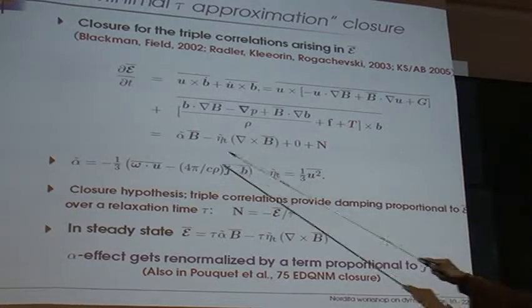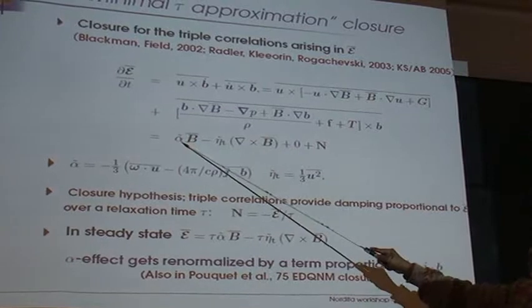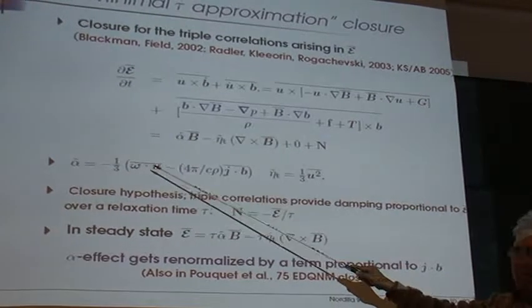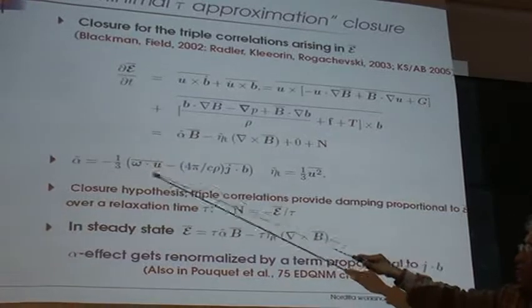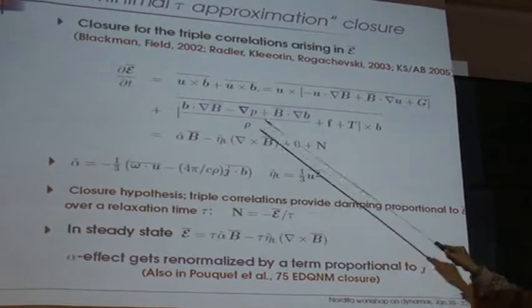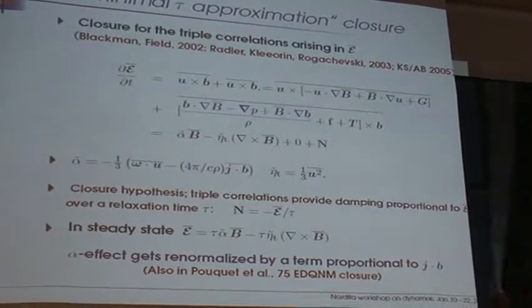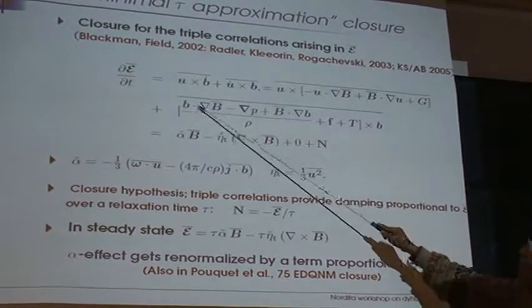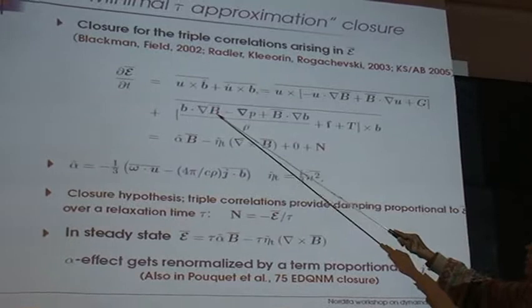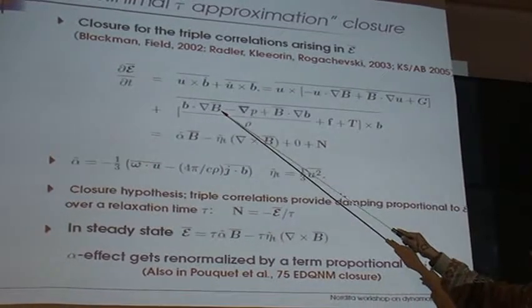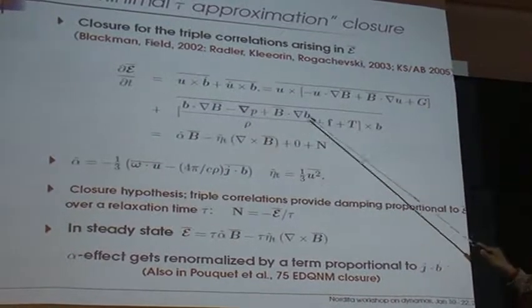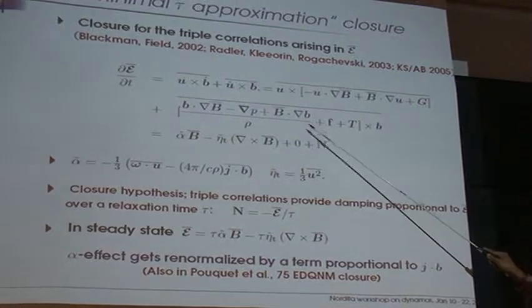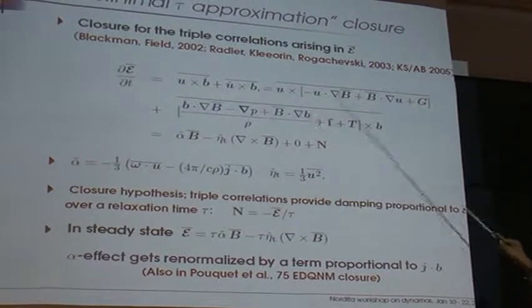So that's why I called it alpha twiddle here, and not the alpha effect, because it is actually just the average of the kinetic helicity in the isotropic limit. This Lorentz force term gives a new term. You would have imagined that a term like b dot grad b bar would give you something like the magnetic alpha, and b bar dot grad b will renormalize the turbulent diffusion. But there's an important difference between these two.